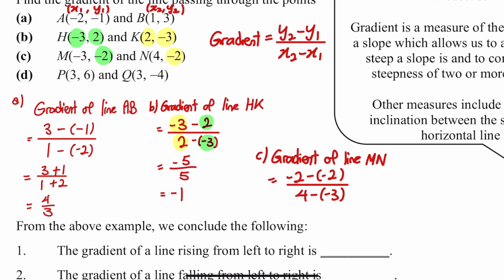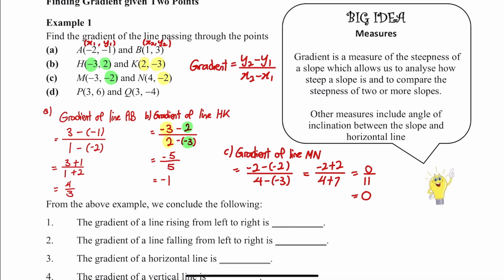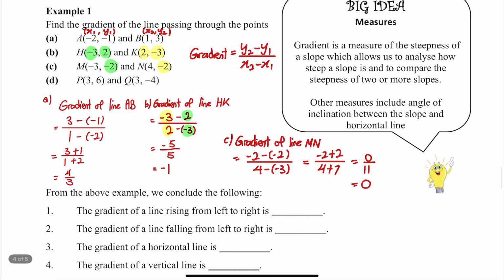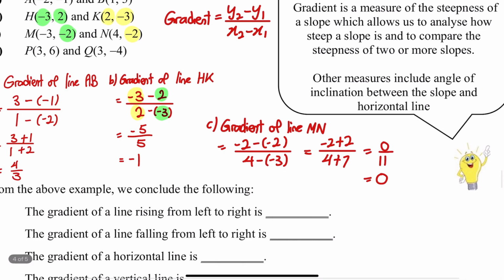From here, if you simplify this, it equals negative 2 plus 2 divided by 4 plus 7. Negative 2 plus 2 is 0, divided by 11. Anything with the numerator equal to 0 is simply equal to 0. This is for part C. Then for the last part, part D, gradient of line PQ.